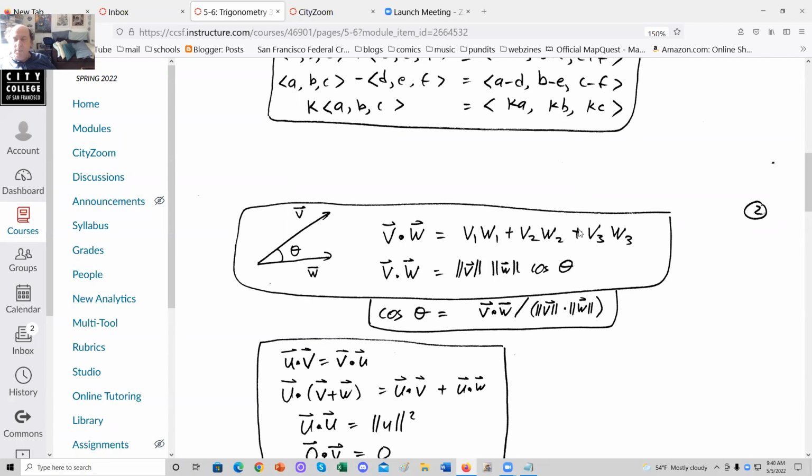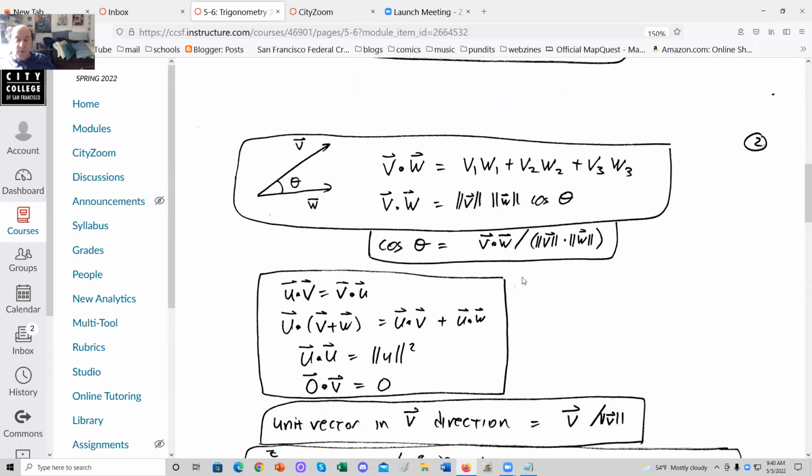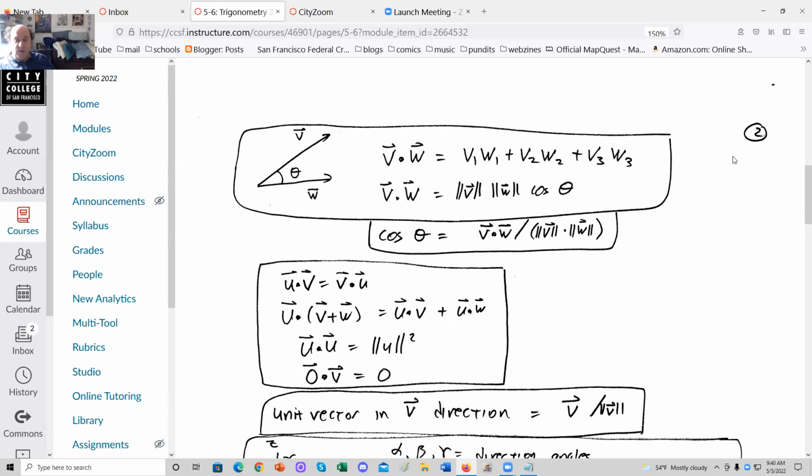It's a sum of products of components, v1 w1 plus v2 w2 plus v3 w3, and it also equals the length of v times the length of w times cosine of the angle between them. Therefore, we can solve for theta: cos theta equals v dot w divided by length v times length w. So take the arc cosine of that and get the angle between two vectors, just like with two-dimensional vectors.